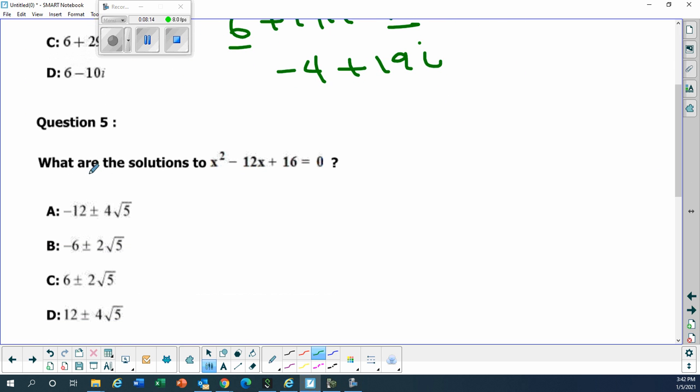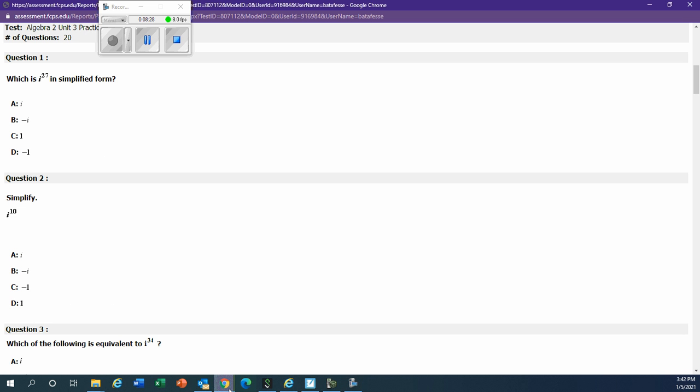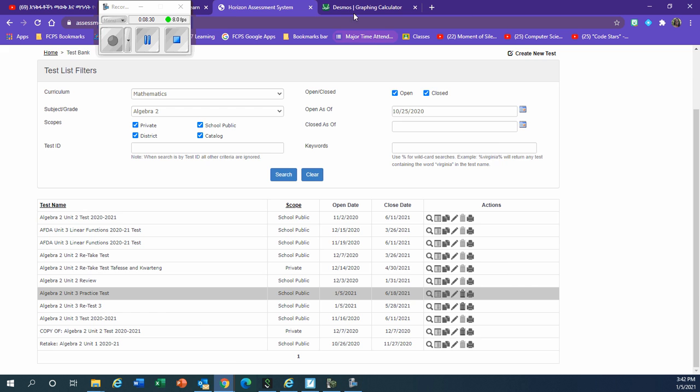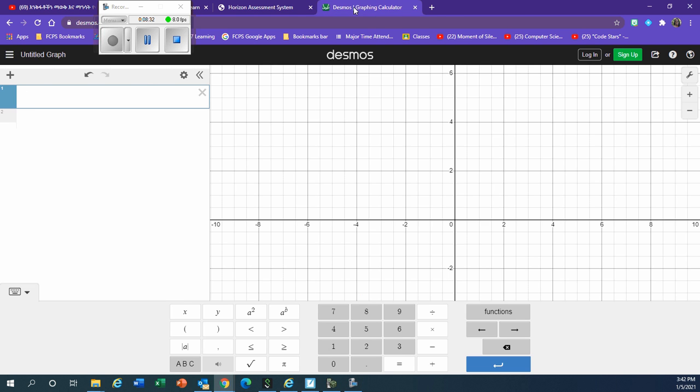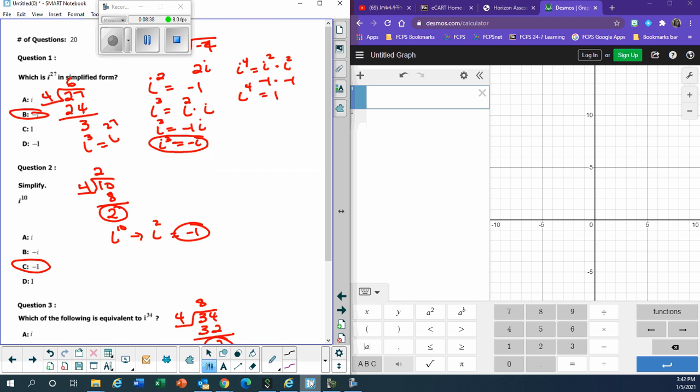All right, the next one is, what are the solutions of x squared minus 12x plus 16? So all you have to do for this one is Desmos. Okay, let me just open Desmos. I'm going to have this open up, and then this is going to be my other screen, right?